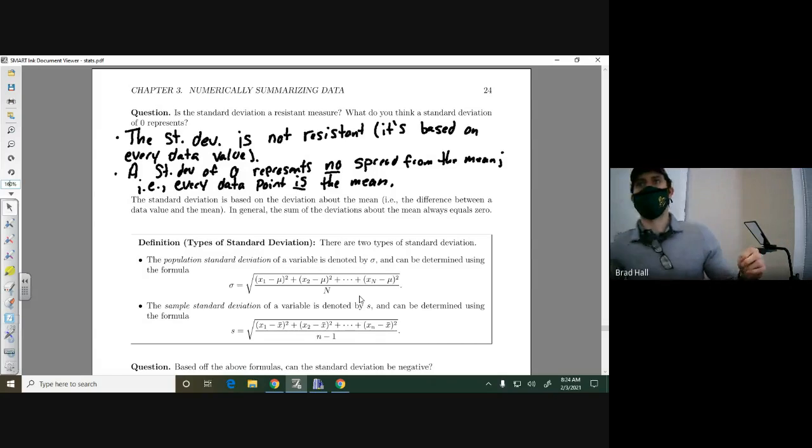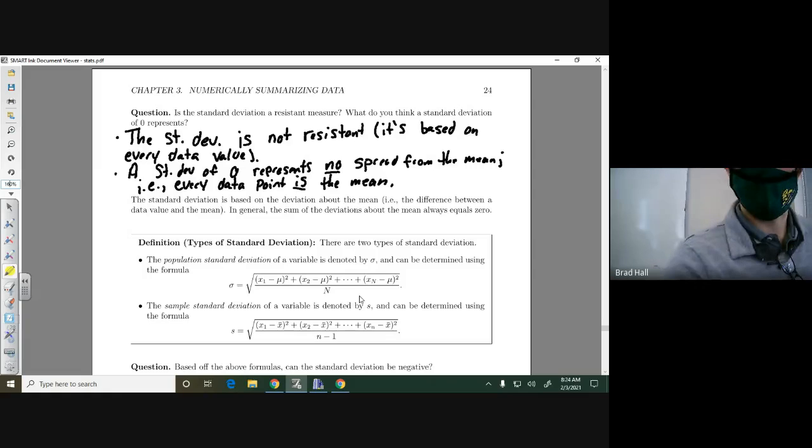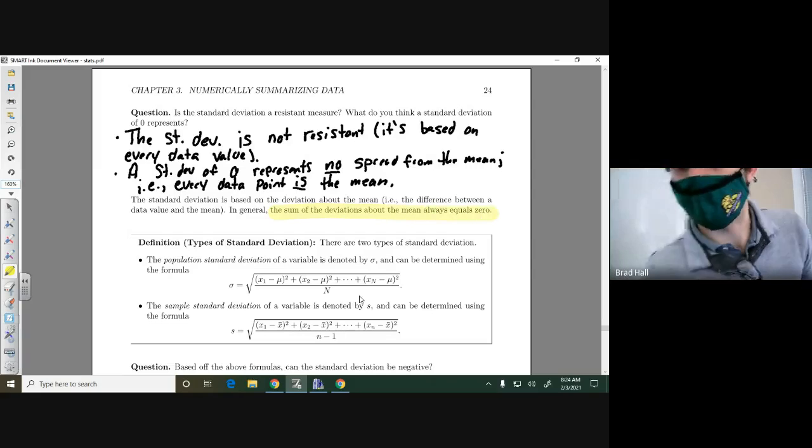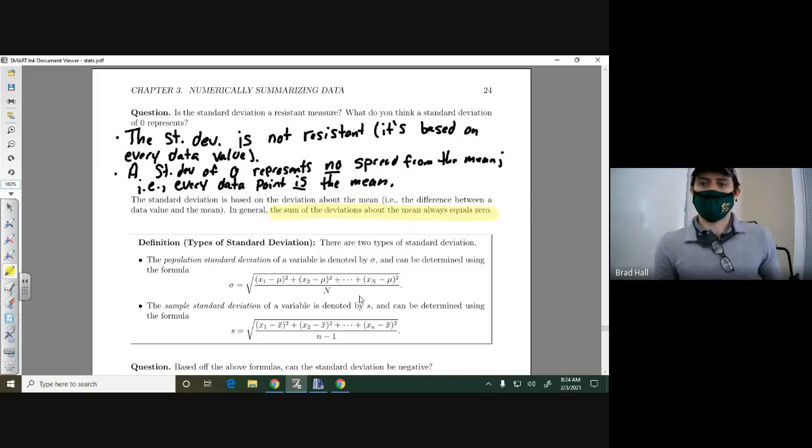Your age is 20, so the deviation is simply the difference between any data value, such as your age, and the mean. 20 minus 19, 1. That's the deviation. The only reason I say that, the sum of the deviations about the mean always equals 0. So if you see that pop up in your homework, now you know how to tackle it.